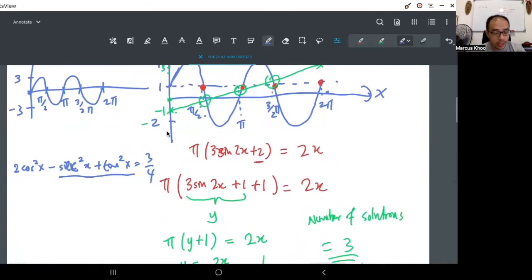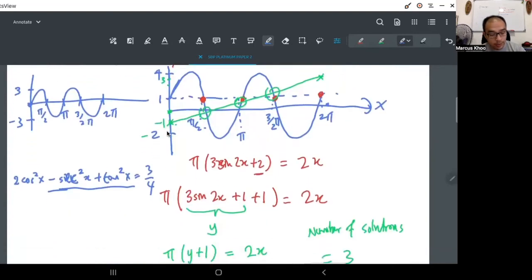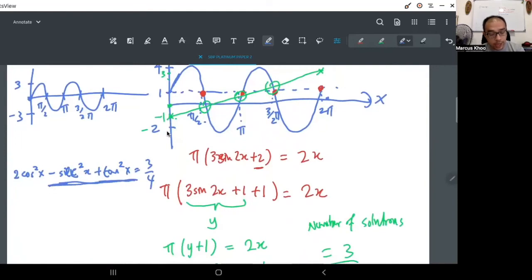Now, since the question has a minus secant squared plus tangent squared, I should move this across. So negative 1 equals minus secant squared x plus tangent squared x. So I know that I can substitute this, as 2 cos squared x minus 1 equals 3 over 4.